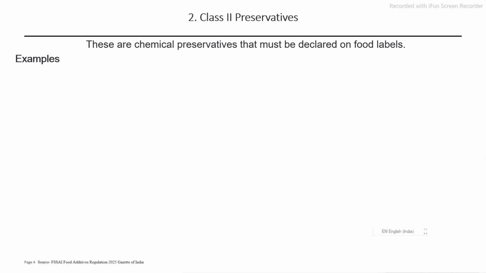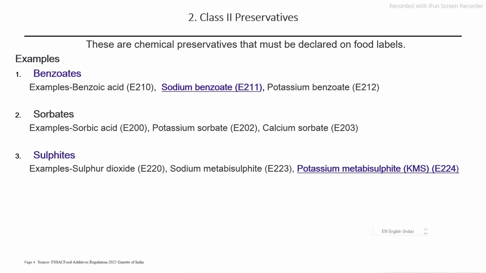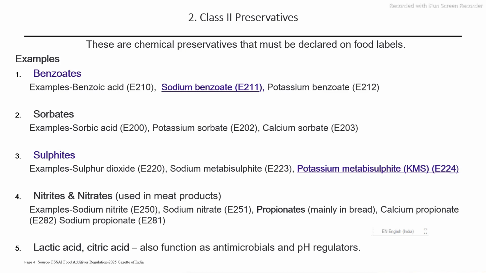Then the second category is the class 2 preservatives. That means chemical substances are added into the food to extend the shelf life. Numerous chemical preservatives are available in the market, of which two main ones are added in fruits and vegetable processing. First is benzoate, for example sodium benzoate, and the second is sulfite, for example potassium metabisulfite or sulfur dioxide.